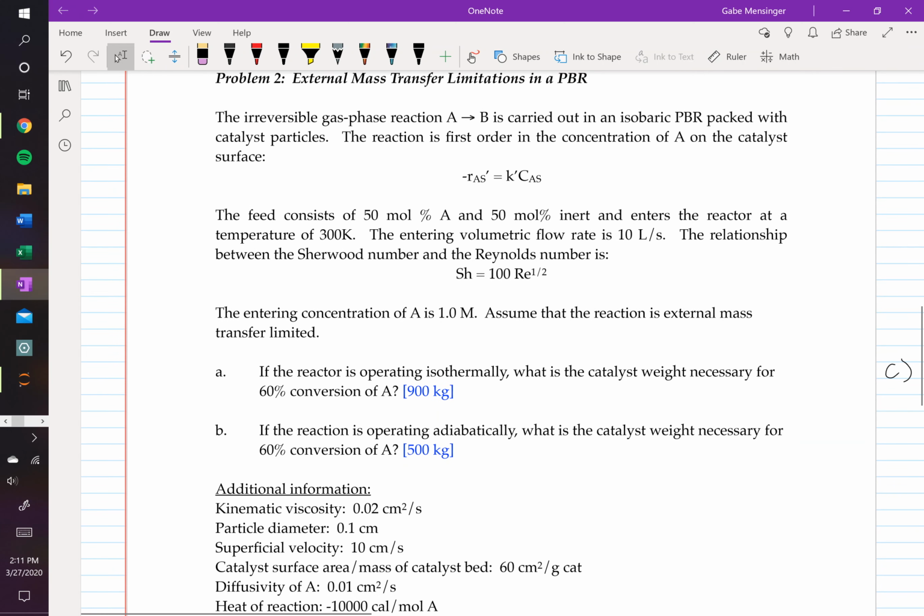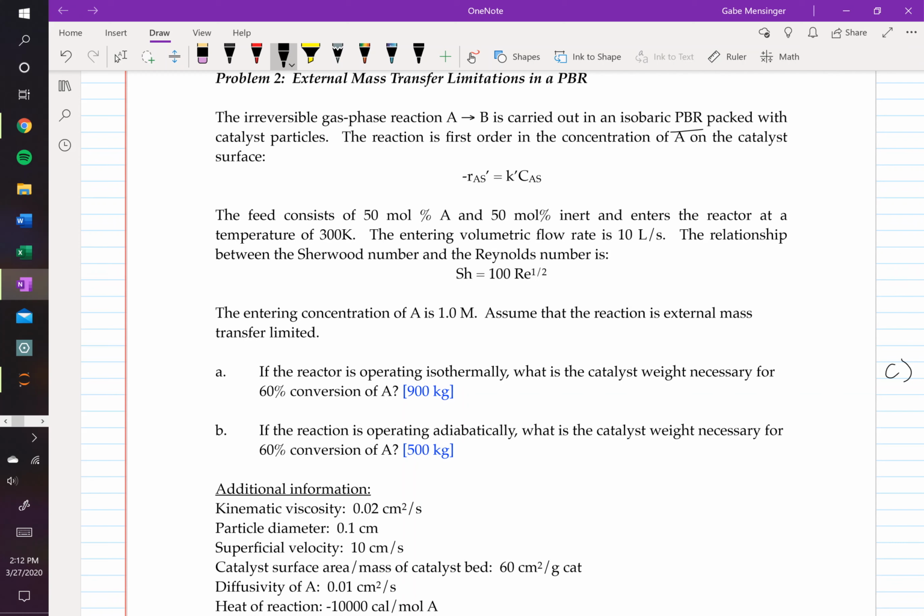All right, problem 2. The irreversible gas phase reaction A goes to B is carried out in an isobaric PBR packed with catalyst particles. The reaction is first order in the concentration of A on the catalyst surface. The feed consists of 50 mole percent A and 50 mole percent inert and enters the reactor at a temperature of 300 Kelvin.